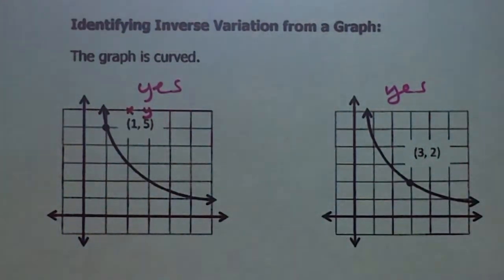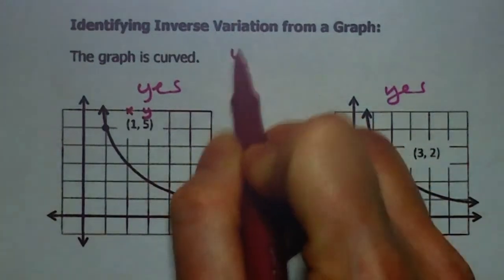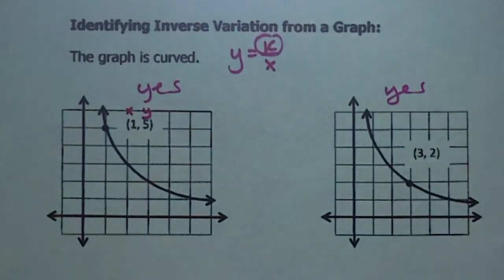Okay, so we said that in a data table for inverse variation, x times y equals k, right? And we know that an equation for inverse variation is y equals k over x. And all you have to do is figure out what k is. So if y equals k over x, and all we need to know is k, and I know that x times y equals k, we could totally write this equation.